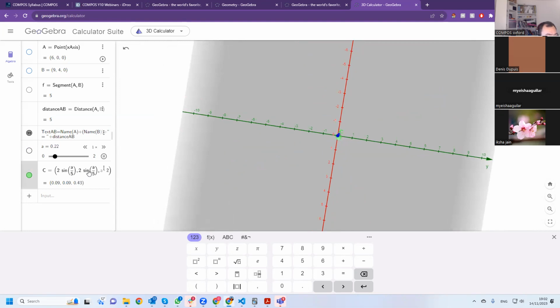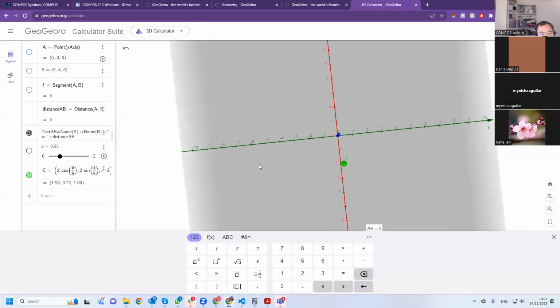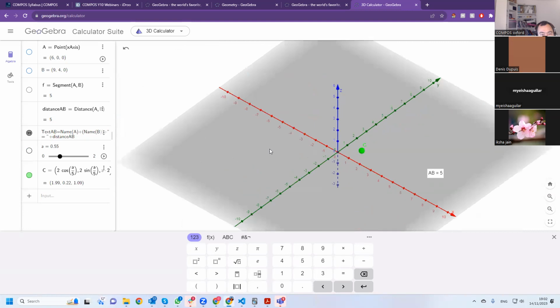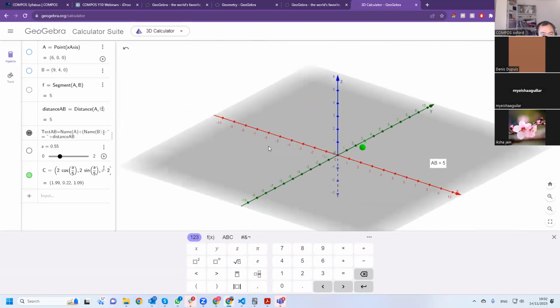Oh, 2 cos. That makes more sense. Okay, so looking at x and y, it's moving like this. Can't really see.